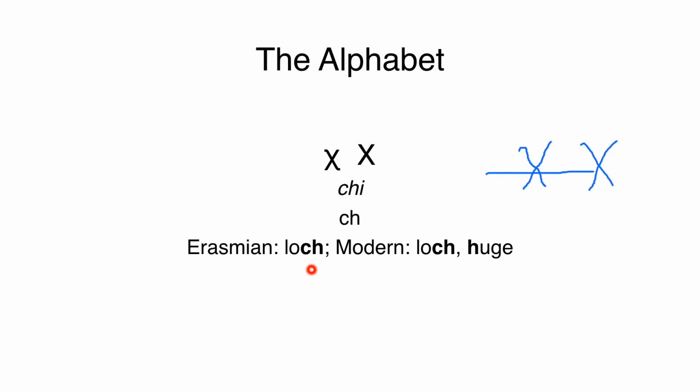In the modern pronunciation, we have that also, but also an H sound, as in huge, a sort of rough breathing H sound. So this is chi.